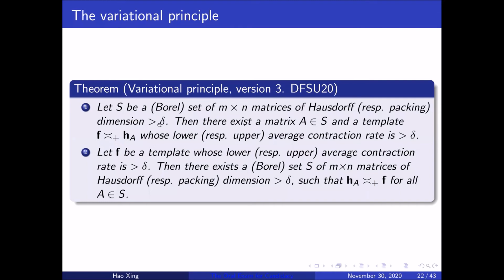If you have a lower bound for the Hausdorff dimension or packing dimension, then there exists a matrix and a template, which is close enough to the successive minima function with respect to A, then the corresponding lower or upper average contraction rate also has this lower bound, and vice versa. The second part is the converse of the first one.